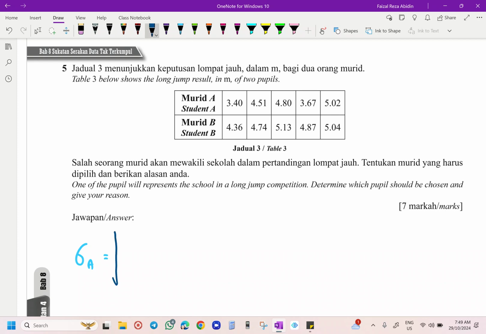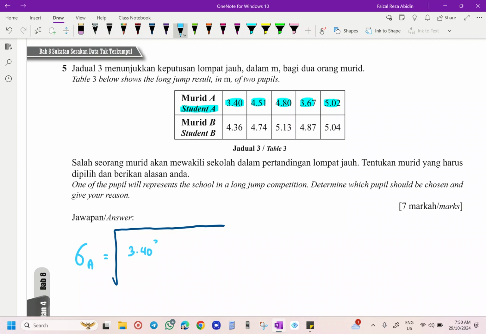Square root of the total of our data squared. So which one is your total for student A here? This one. We are going to square everything.